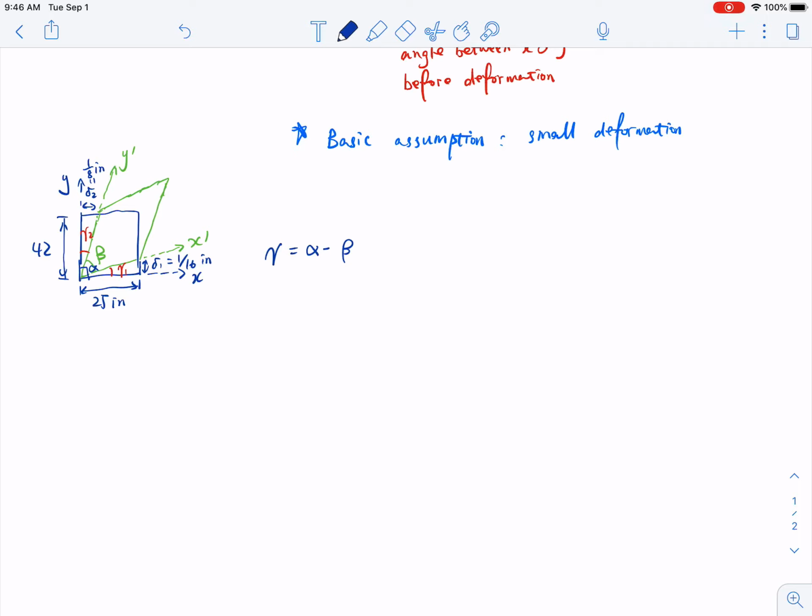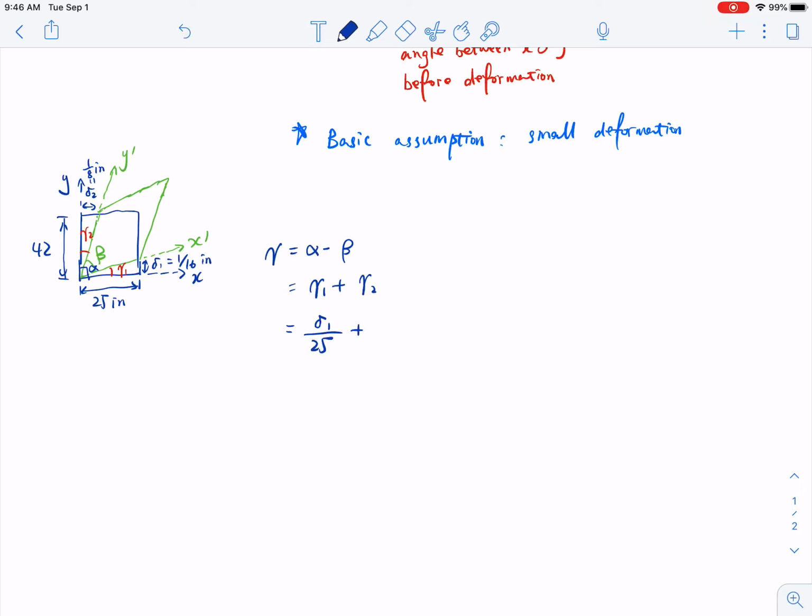So gamma equals alpha minus beta, which equals gamma 1 plus gamma 2. How can we calculate gamma 1? Gamma 1 here should be delta 1 over 25. These two values should be perpendicular to each other, not in the same direction.